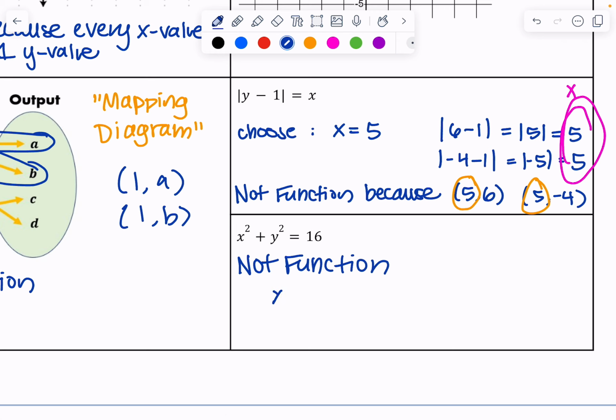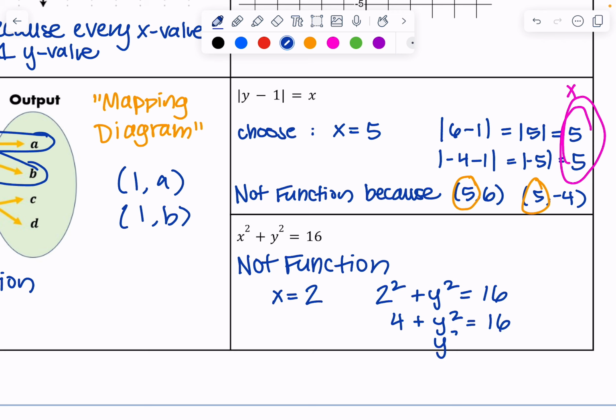So if I choose x is equal to 4, let's not do 4. Let's choose x equal to 2. Then I could have 2 squared plus y squared is equal to 16. Oops, let's just change out that x for a 2. And if I have that, I have 4 plus y squared is equal to 16.